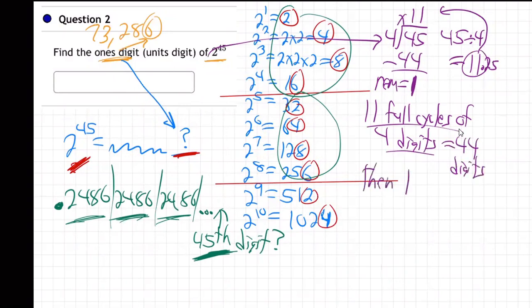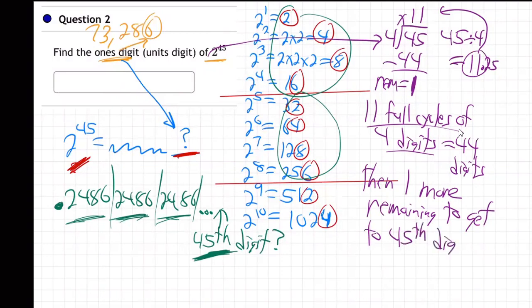Then 1 more remaining to get to the 45th digit. Right? 1 more remaining to get to the 45th digit.